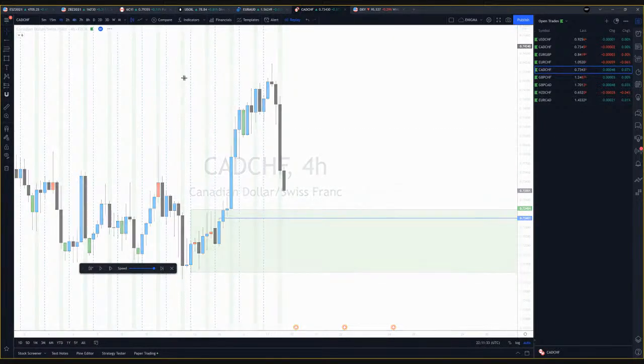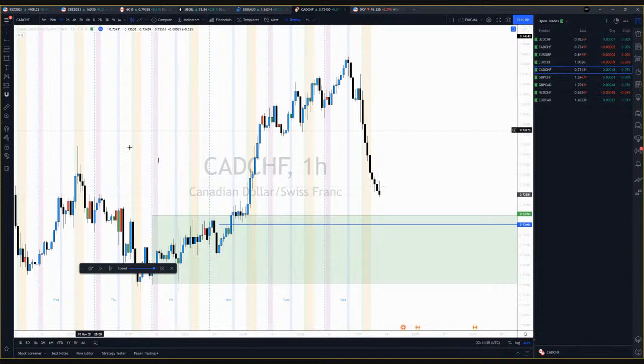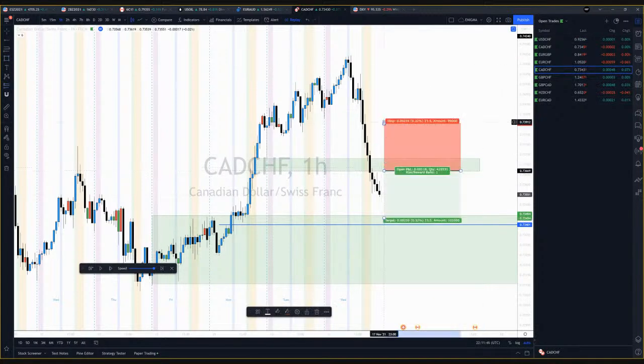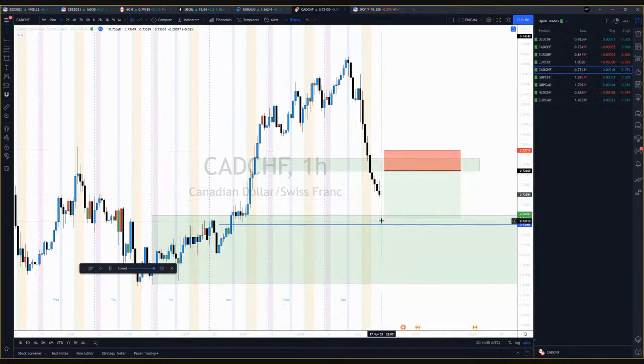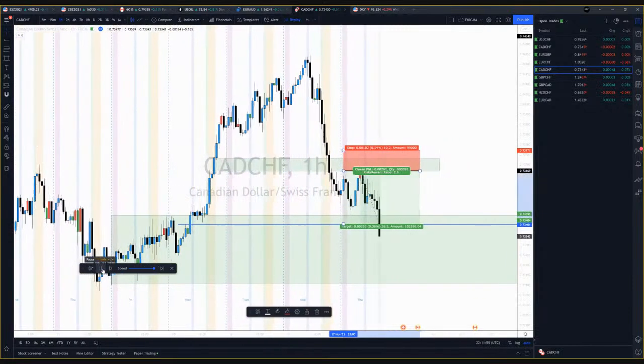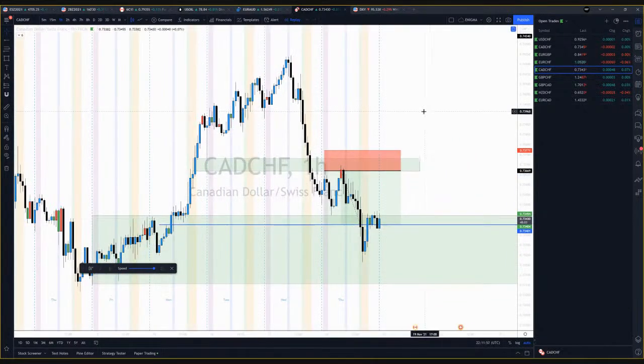So on the 1 hour time frame, this gap, I would have sold short here, with a stop loss above this candle's high, and then target this. There you go. It went further, but that's fine.